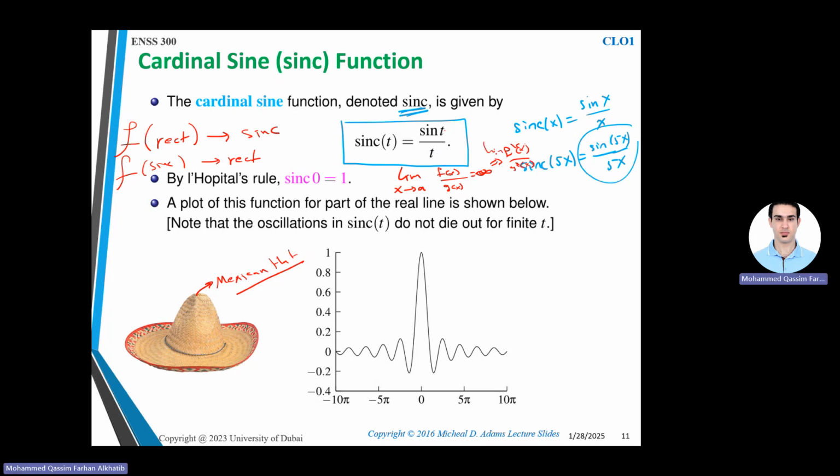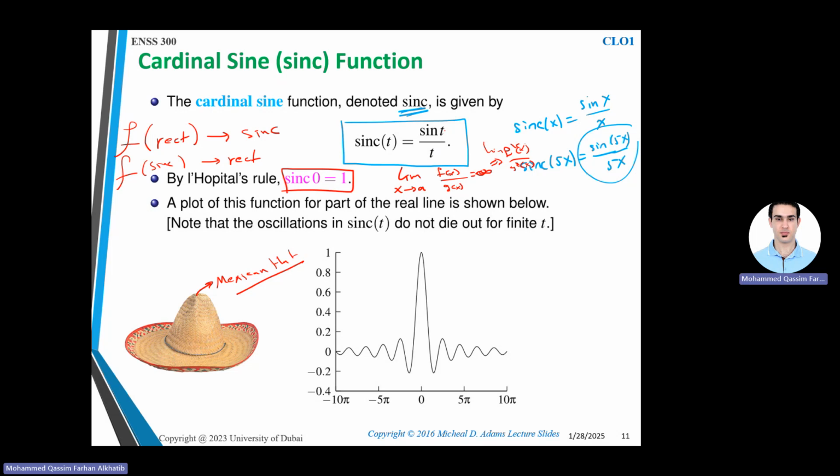If not, keep deriving until you reach that point. So here, take the derivative. What's the derivative of sine? Cosine over 1. Cosine 0 equals 1. So sinc of 0 equals 1.